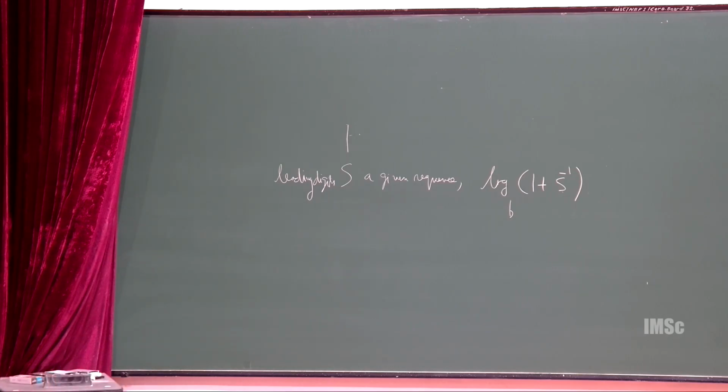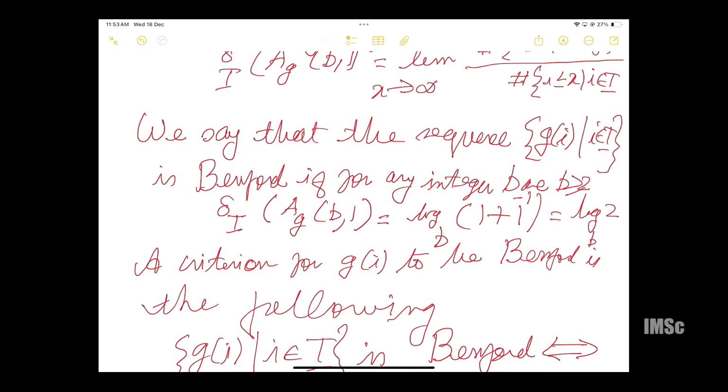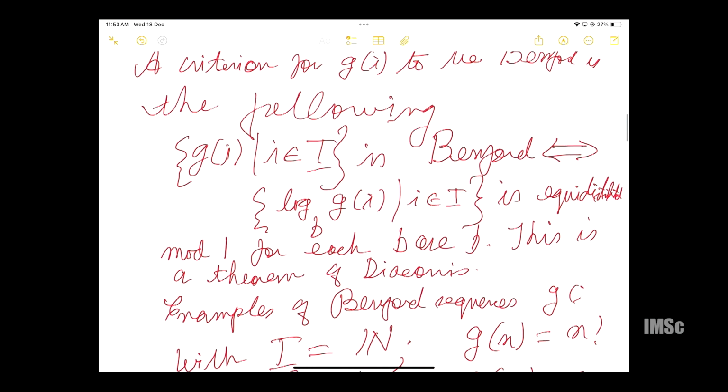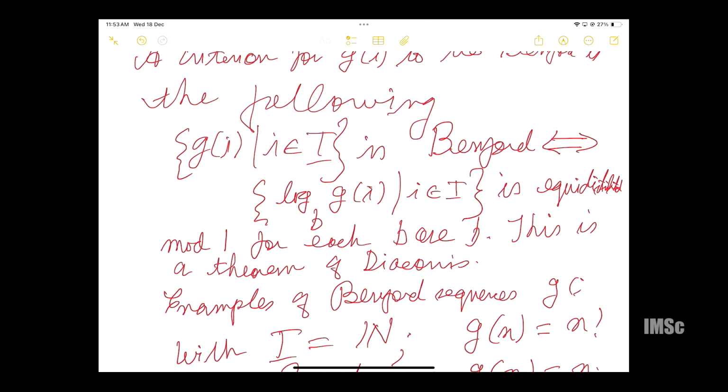Of course, a criterion for the sequence G_i to be Benford is that if you take the log of G_i to the base B, that should be equidistributed modulo 1. Here, if G_i is non-positive, I define the log as 0.